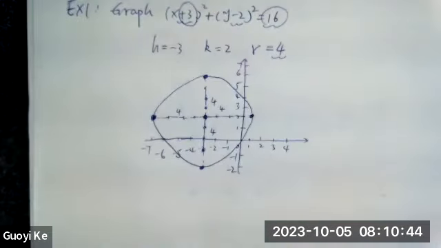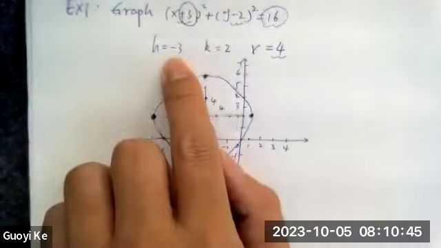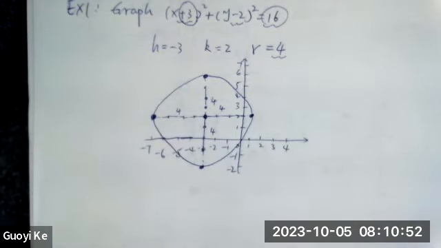Here is positive, so the opposite should be −3. Here's negative, so the opposite should be 2, right? That's what we learned from last class. That's a trick. And for R, R squared equals 16, so R equals 4.